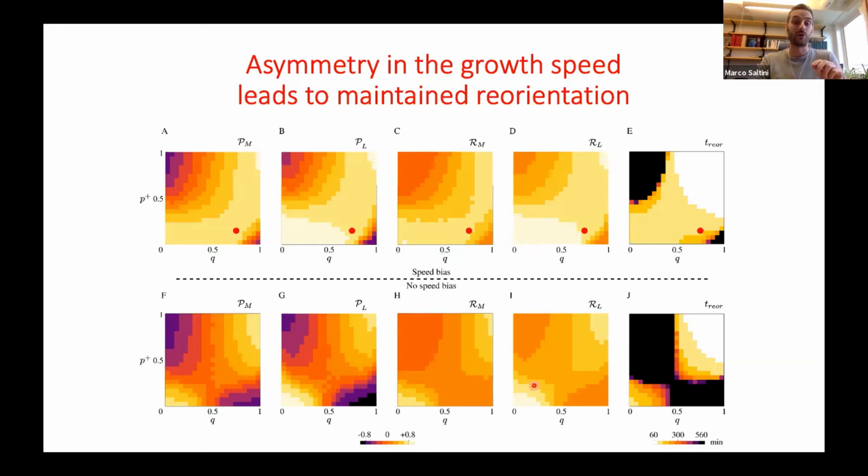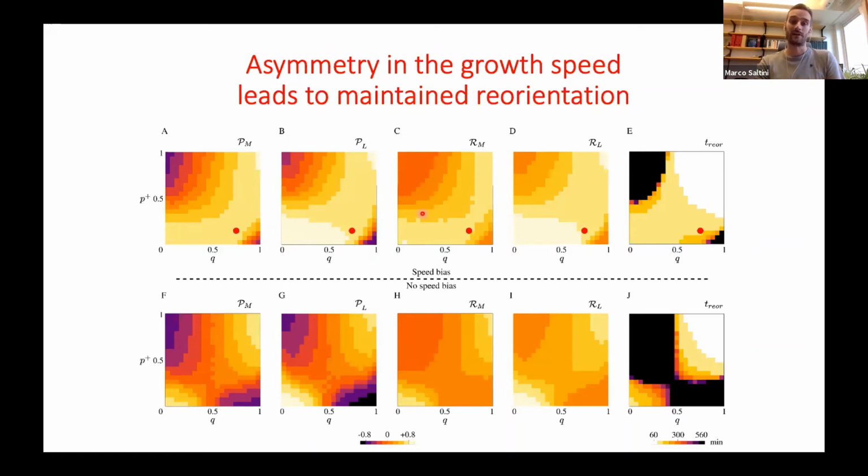In the bottom row, we have the same efficiency or speed of reorientation in case we do not have any speed bias. Lighter colors correspond to a more efficient and faster reorientation. You can see that in the top row, colors are much lighter, which means that we have more possible combinations of the model parameters such that, when we have a bias in the speed, we can observe a full and fully maintained reorientation.